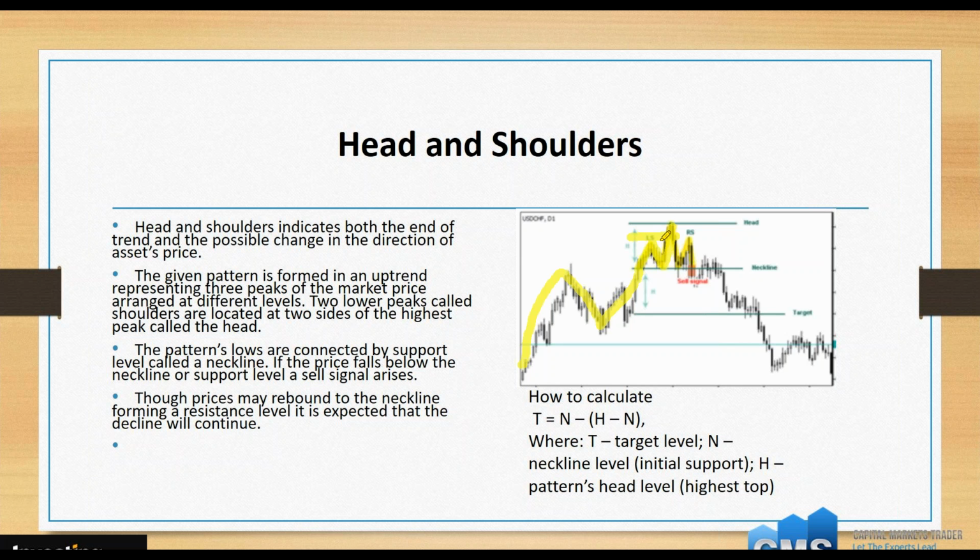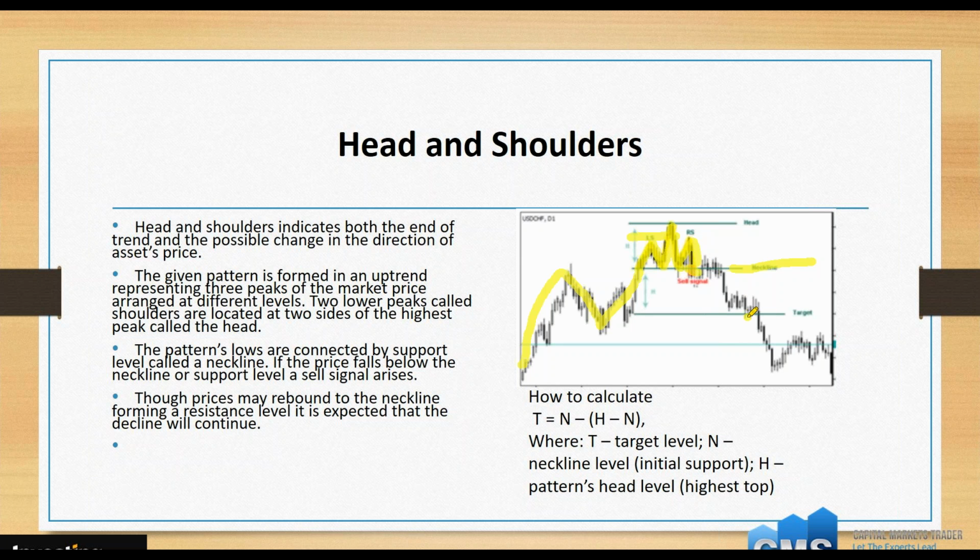We still have no idea what's happening. Price goes back down and now it hits that same support line, and that becomes the established neckline. It bounces off of there and forms the right shoulder. Comes back down, and when it hits this level, it's generating a sell signal.